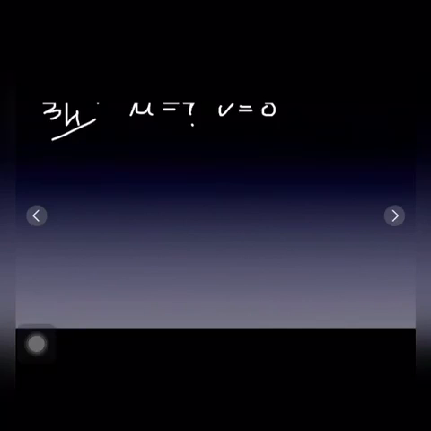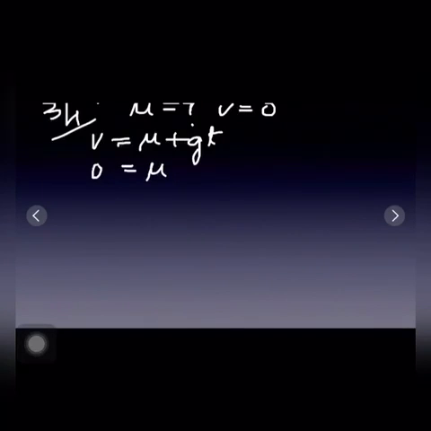So by using first equation of motion, which is V is equal to U plus GT, because here the acceleration produced is due to acceleration due to gravity, so we have changed A to G. So put the values. V is 0, U you have to find out.